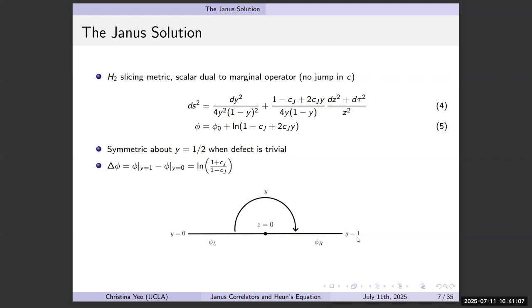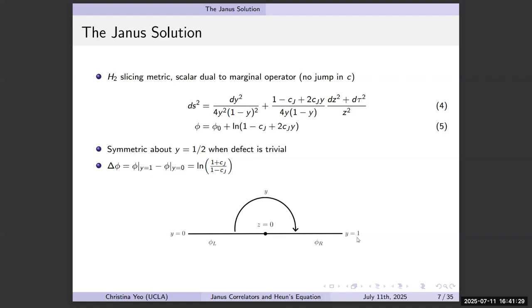So I'm wondering what is the origin of CJ? It's related to the mass, but I haven't thought about it from a black hole angle because we don't have a black hole. Is there any horizon or not? Horizon? No, the bulk is non-singular and the discontinuity is just on the boundary.